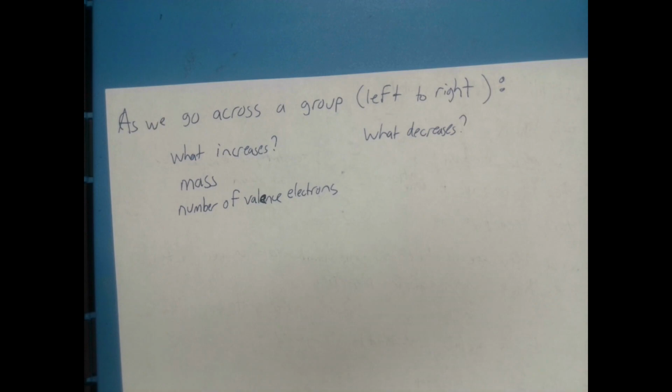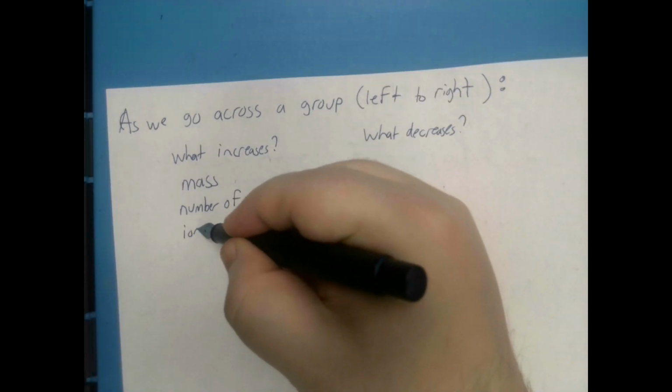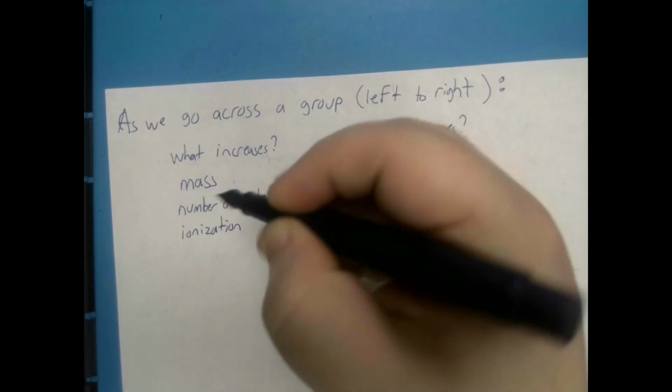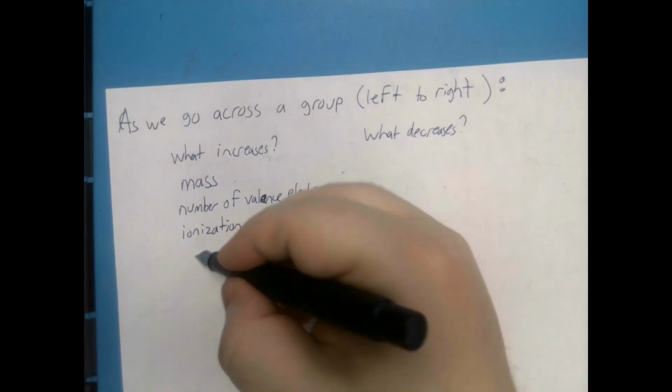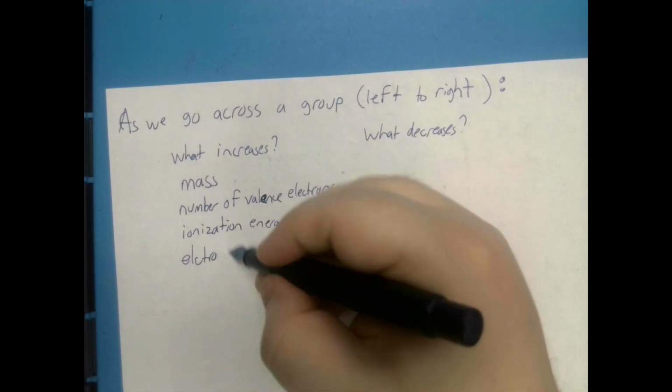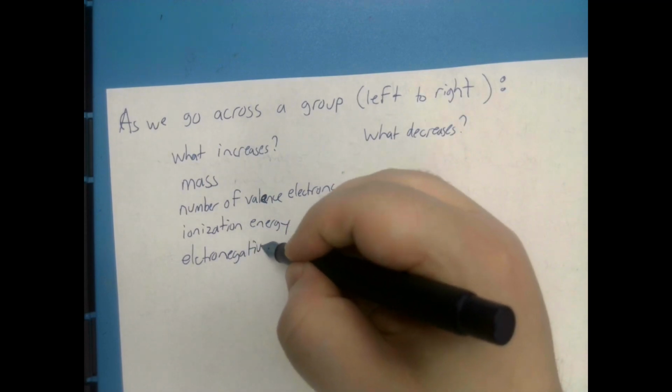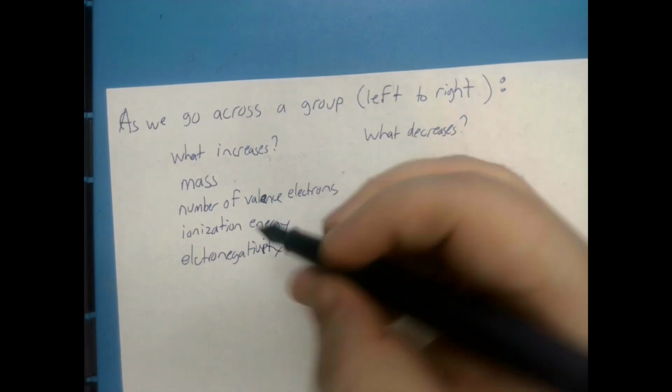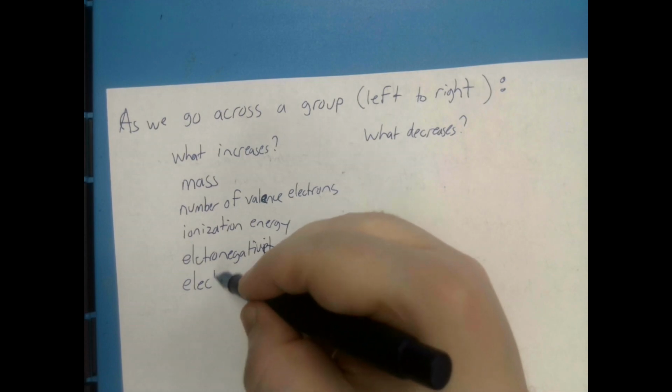What else increases as we go to the right? Ionization energy. And what else? Electronegativity, which is also electron affinity.